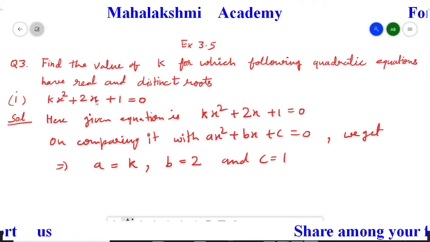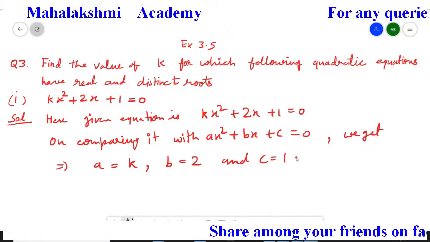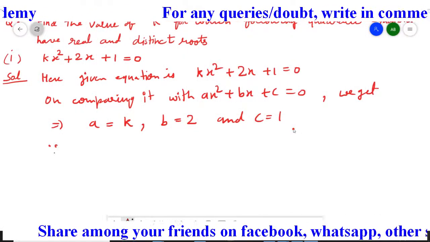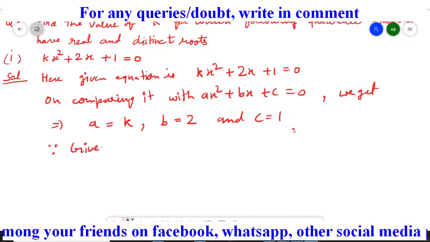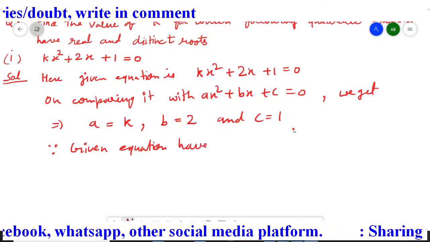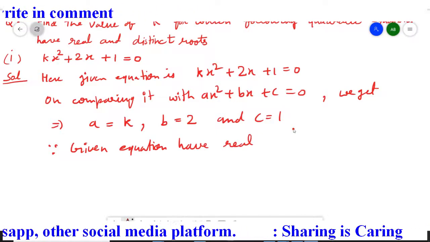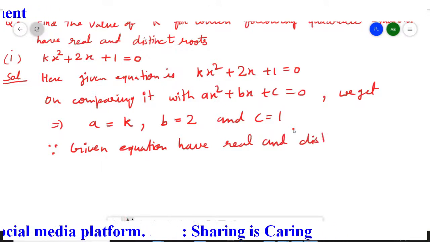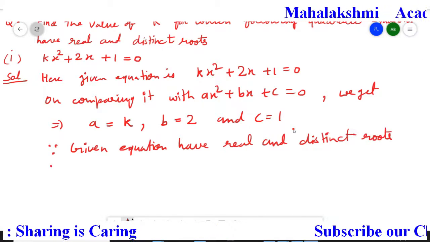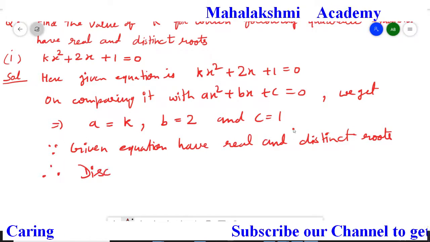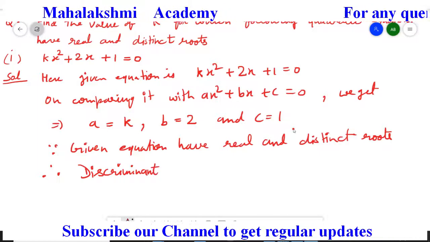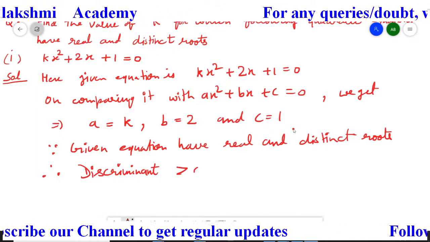Now we are going to write the formula for real and distinct roots. Since the given equation has real and distinct roots, the discriminant is greater than 0.